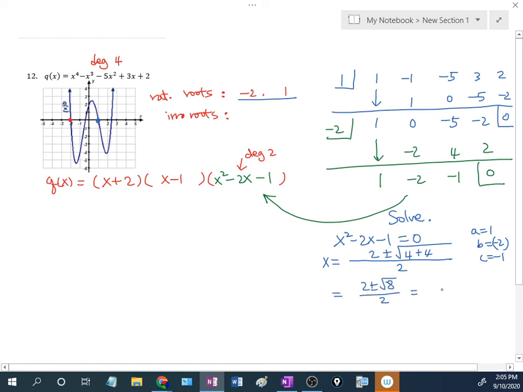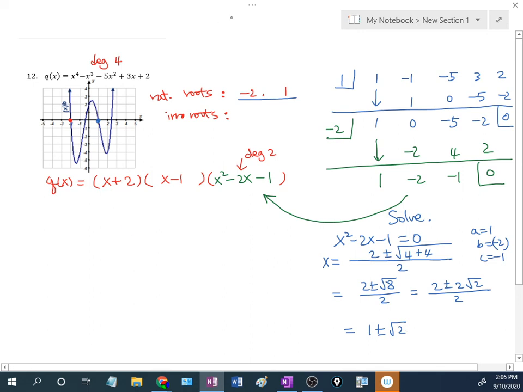What is the simplest form of root 8? 2 root 2. And now let's reduce. When we reduce, we do numbers with the rational parts. Don't do anything with this crazy number root 2, okay? So we keep it. So there is an invisible 1 in front of root 2. So that is 1 plus or minus root 2.